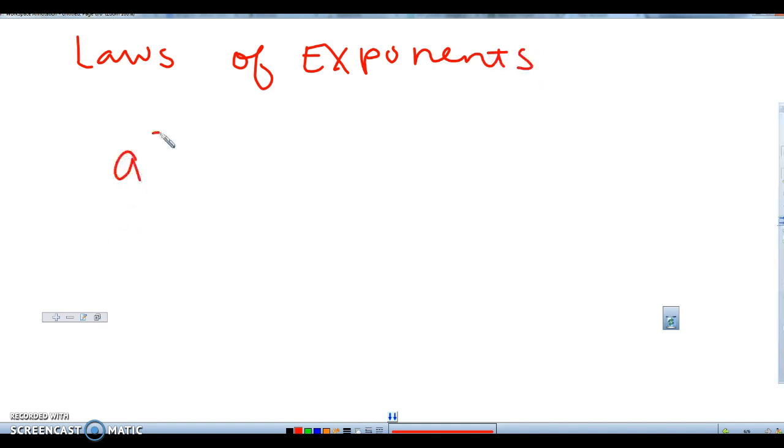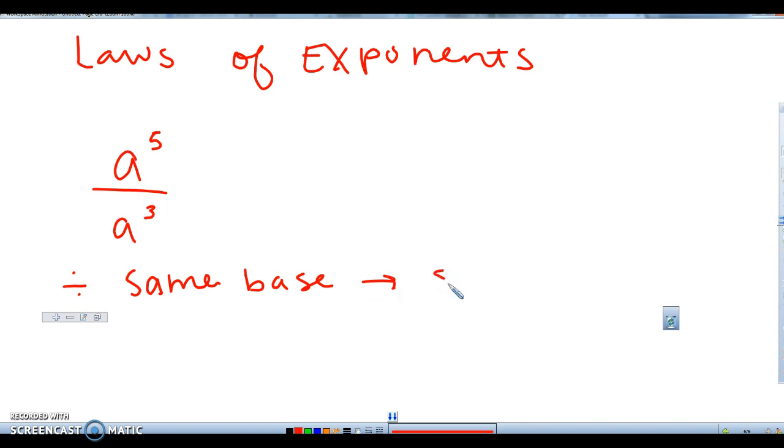Okay, so we've also talked about laws of exponents before. So we're going to go through this kind of fast. If I have a to the 5th over a cubed, so I have two things with the same base, what do I do to simplify? Division with the same base, I'm going to subtract down. So 5 minus 3 is 2.